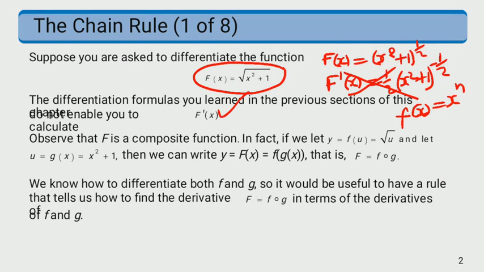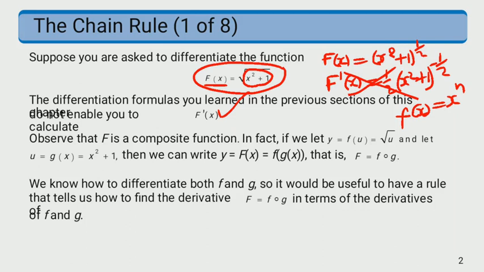So what we need to realize is that the function f of x, we can think of it as being defined in terms of two functions. There is this inner function here, which is x squared plus 1, and also we have the square root outside.